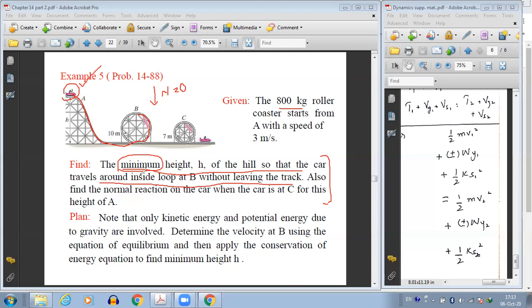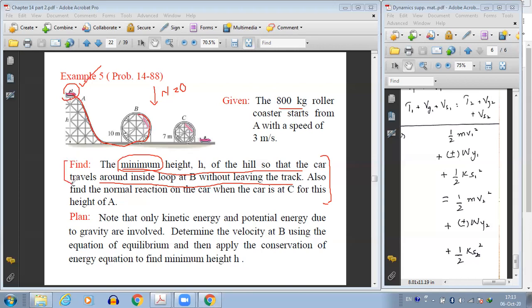So we solve it for the limiting case. Once we have solved for the limiting case, we know what the limit is. So that's the idea here, that we have to solve it for the case when the normal reaction at B will be 0. Now, how do we know that the normal reaction at B will be 0? These two statements are basically the code for that.